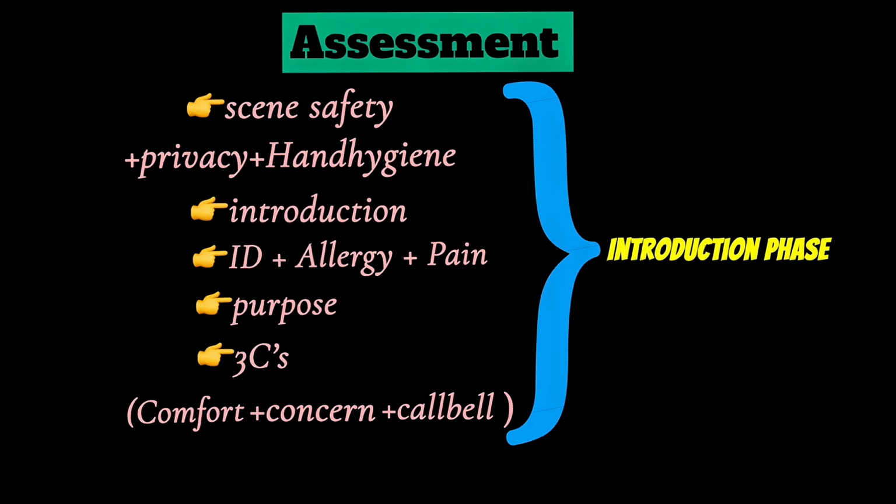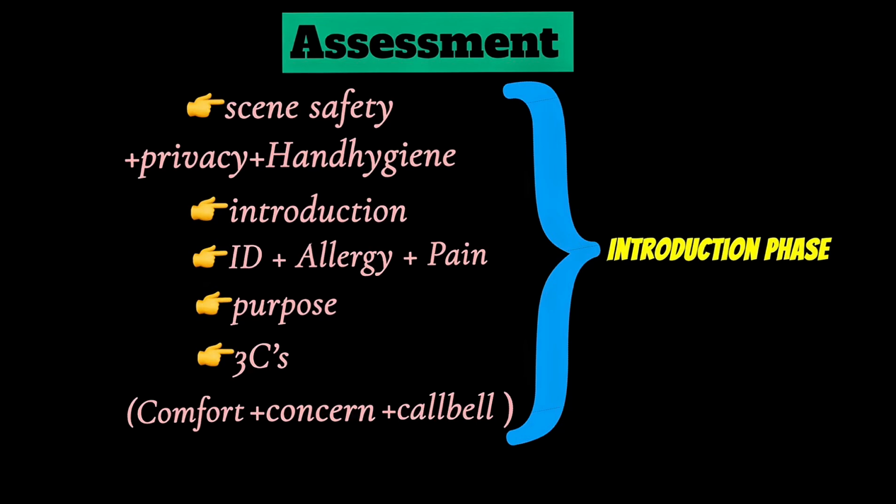Then you will reconfirm it with his wristband, the ID band. You have to check for allergy, if he has an allergy, and reconfirm it from his allergy band. You have to do both things.